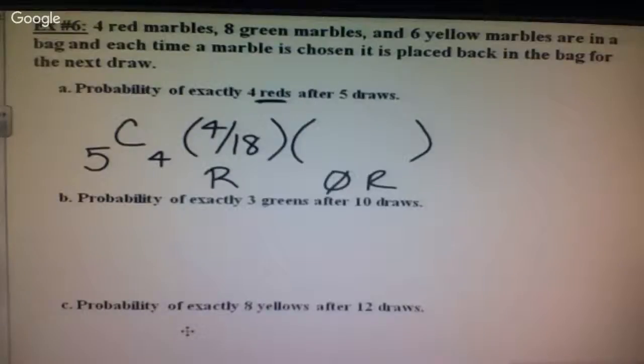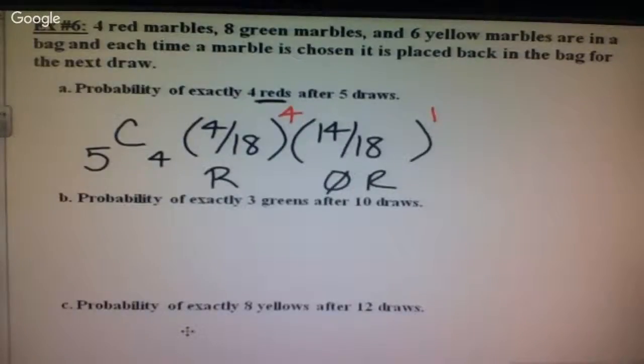So then this side has to be 14 out of 18. And then it'd be 4. I want 4 of them to be red. I want 1 of them to be not, because I've got 5 total draws. So if 4 of them are red, I only have 1 draw left over. Okay.